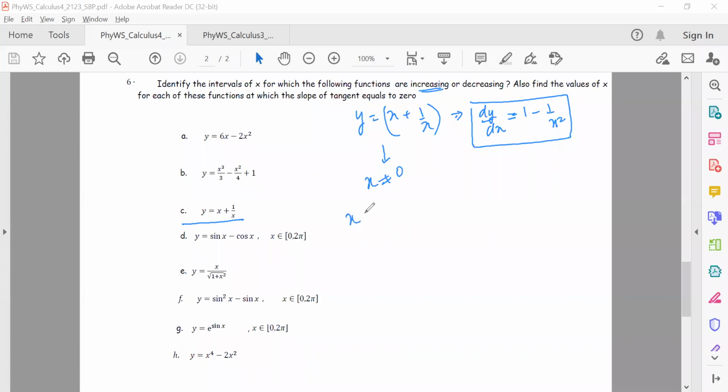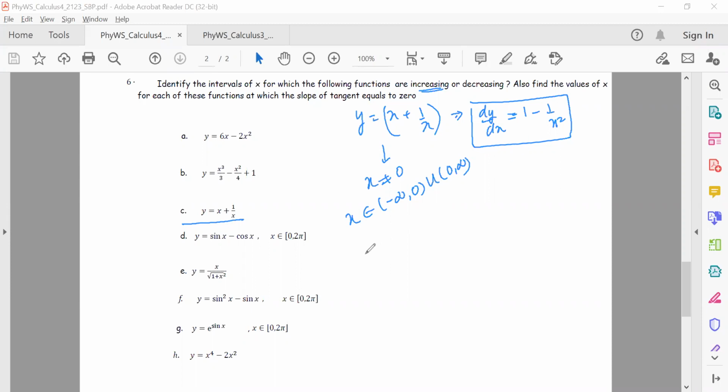So the domain of the function is minus infinity to 0, but excluding 0, union with 0 to infinity. So it is all negative and positive values of x, but not including x equal to 0. We should keep that in mind also.